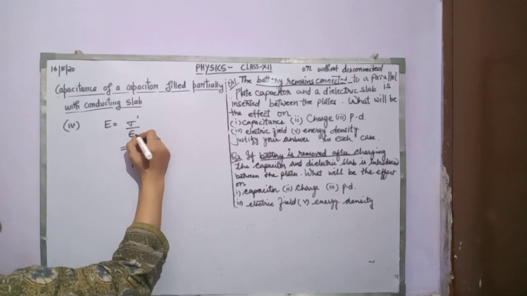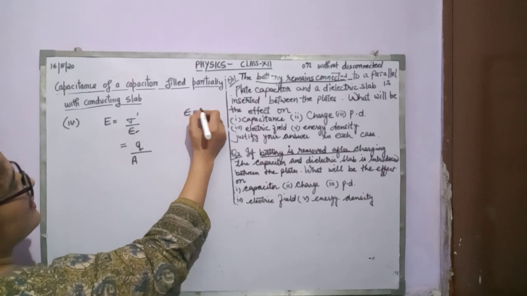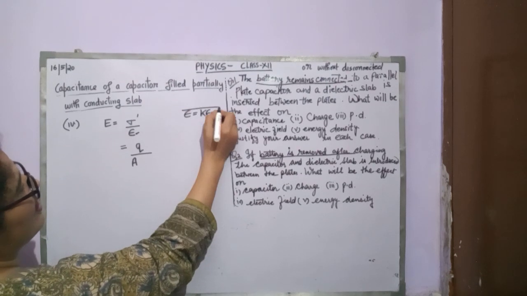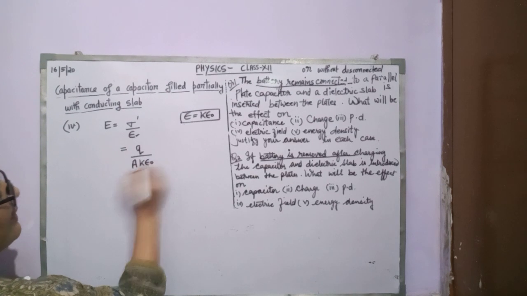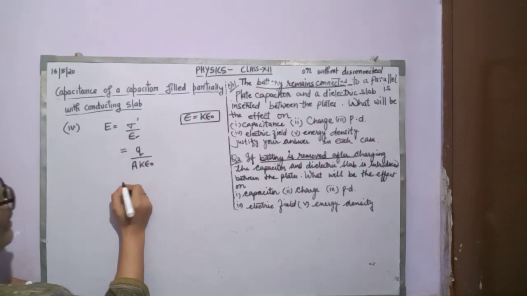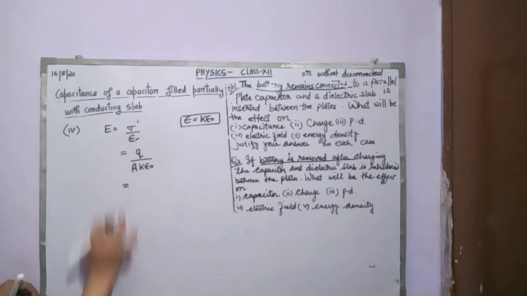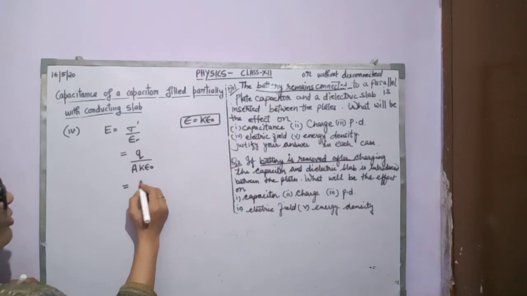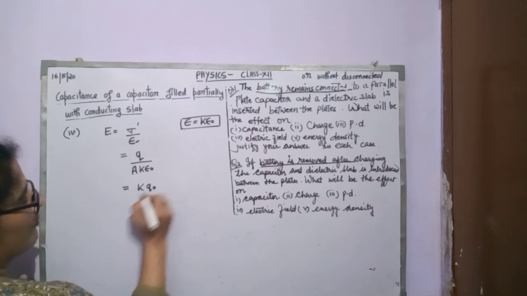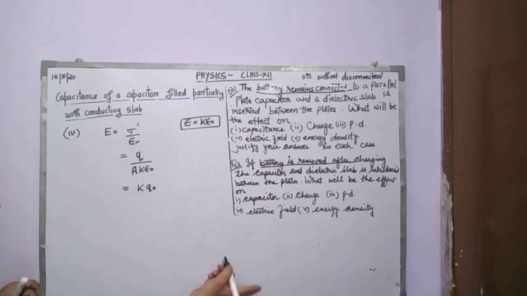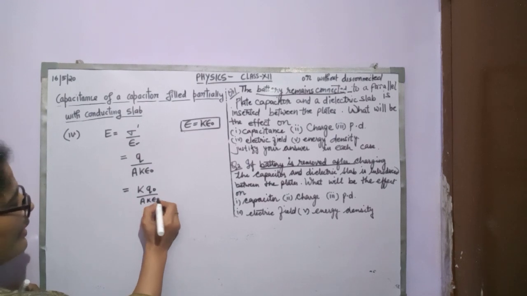And what is the relation between epsilon and epsilon naught? You know epsilon is equal to K epsilon naught. Substitute this value. We get here K epsilon naught. And in the part 4, second part, we had derived what about Q. Q is equal to K Q naught, which we have derived in the previous one, divided by A K epsilon naught.